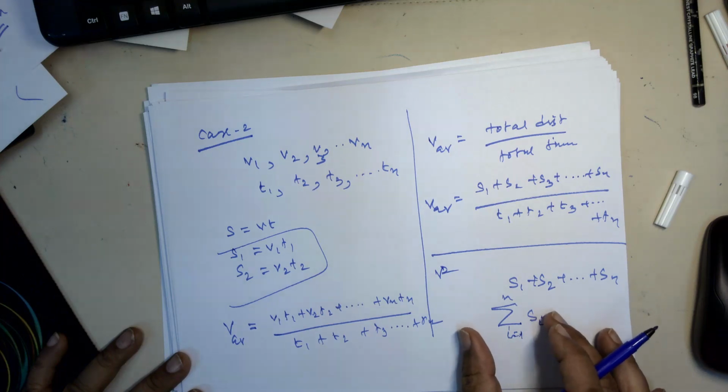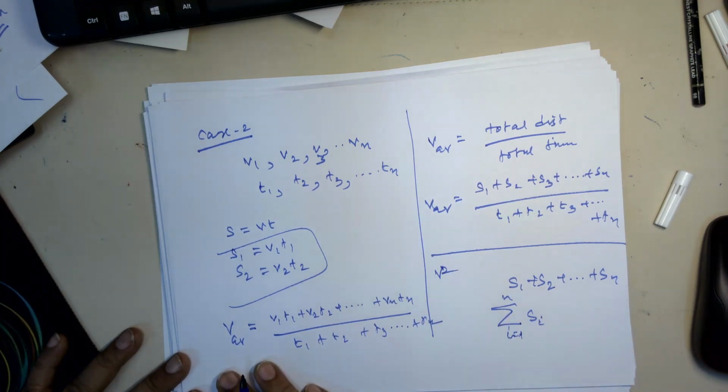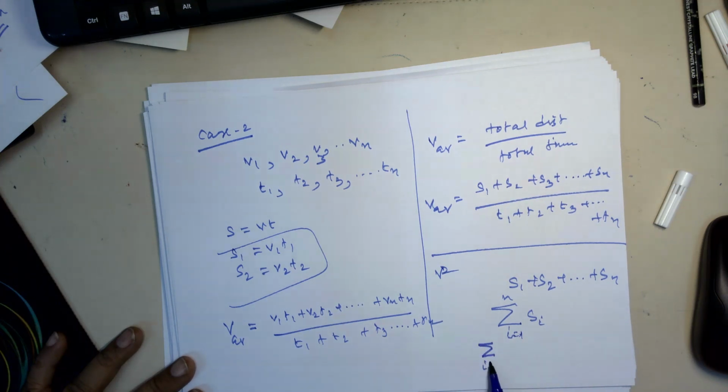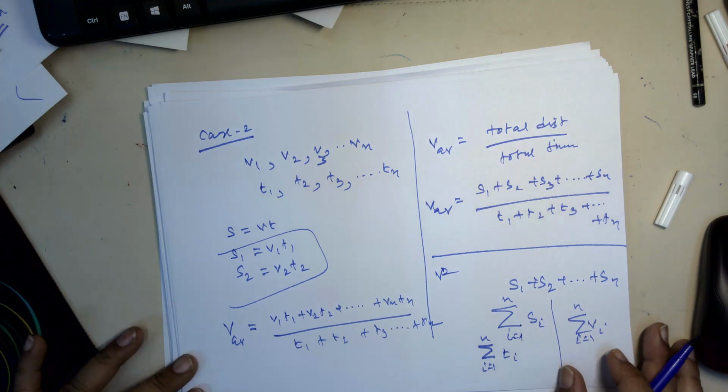So this is a simple way to represent the total distance, right? How can you write the time like this? So i is equal to 1, so I can put summation Ti up to n, right? Similarly, velocity also can be represented, summation Vi, i is equal to 1 up to n. So this is a way you can represent it.